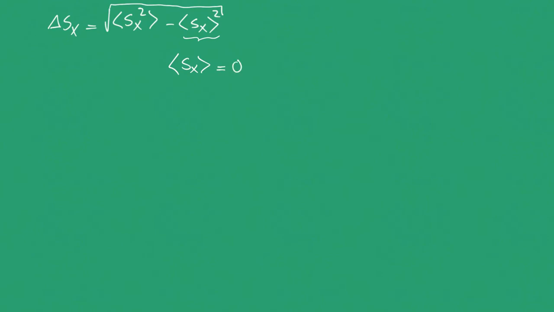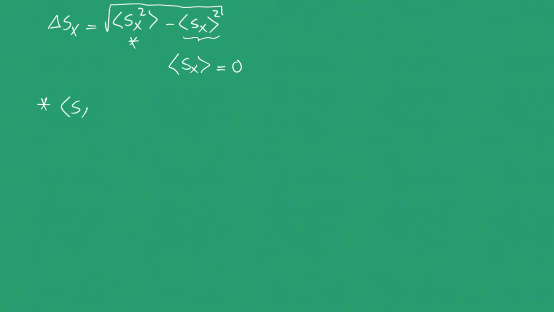Similarly for Sx, the uncertainty is defined as we calculated in the previous video. This part here, the second part, the expectation value of the operator Sx was found to be 0. Then if we square that, it's still 0. The first term we can calculate now.